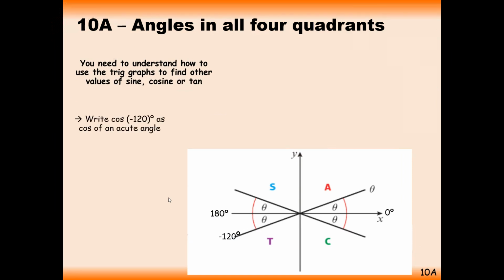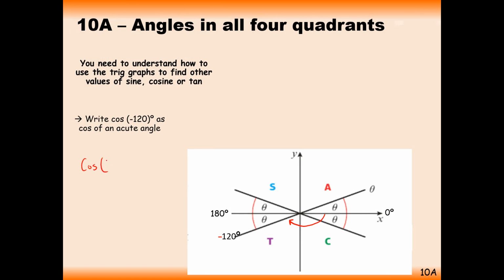In this next question, we've been told to write cos of negative 120 as cos of an acute angle. Negative 120 is like turning from zero to this angle here. How do I deal with that? Do you remember this identity?